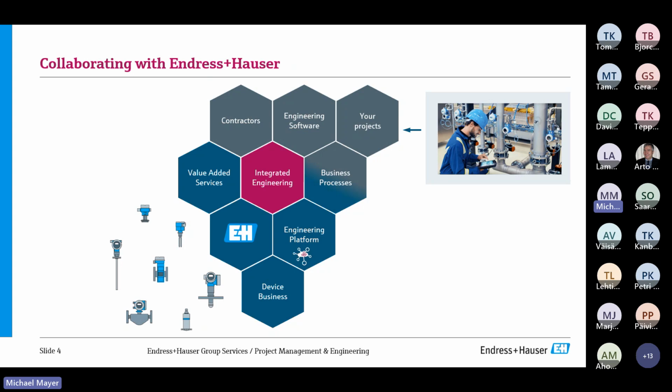Endress+Hauser is a manufacturer of industrial measurement equipment. But roundabout one third of our turnover is solution and project business. So we're not just producing the equipment, but also handling projects and solutions with third-party equipment as a main instrumentation vendor for projects.